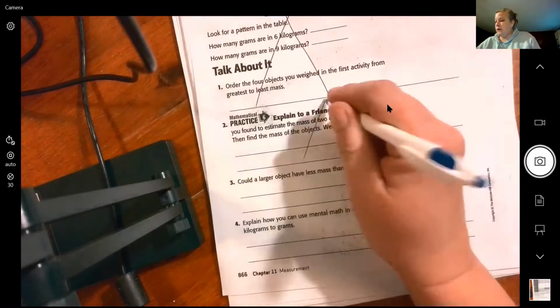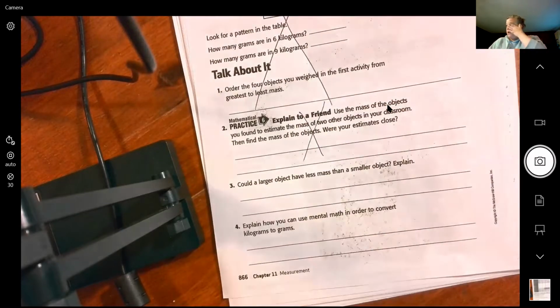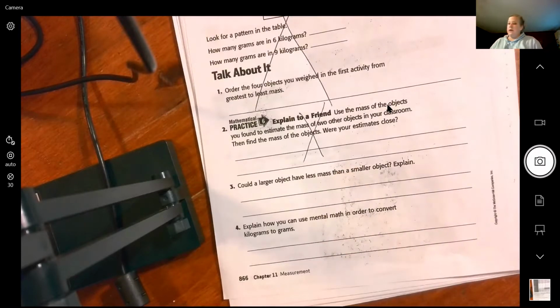So we can't do that one either. Could a larger object have less mass than a smaller object? We talked about this in science. I want you to write down your answer. Take a minute, write down your answer, and then we'll discuss.